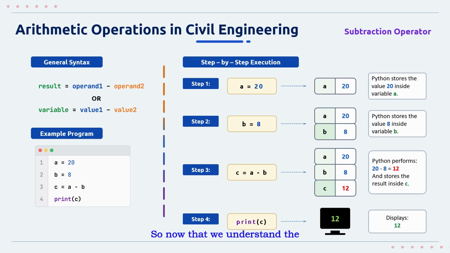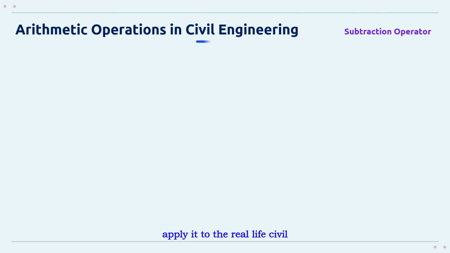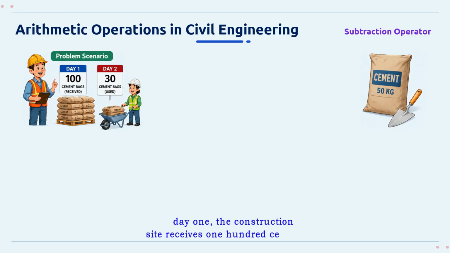So now that we understand the syntax and execution of the subtraction operator, let's apply it to a real life civil engineering problem. Imagine that a construction project is in progress. On day 1, the construction site receives 100 cement bags.